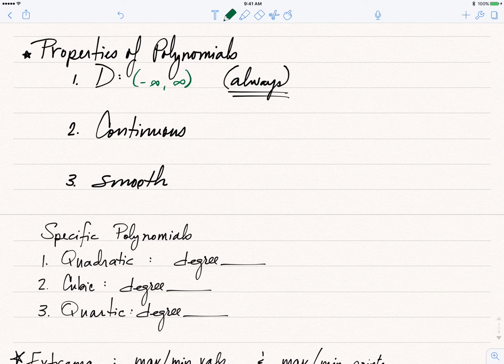Also, polynomials are always going to be continuous. There will be no breaks in the graph, no open holes in the graph. And then thirdly, they're always going to be smooth. They don't have any corners, no corners, like the absolute value v graph. That is not a polynomial because it's not a smooth graph.